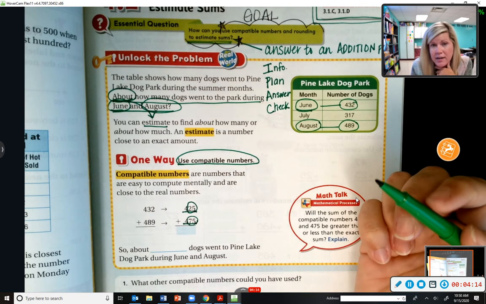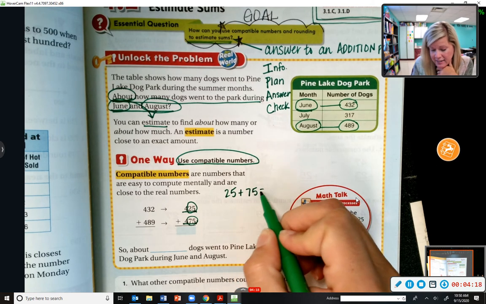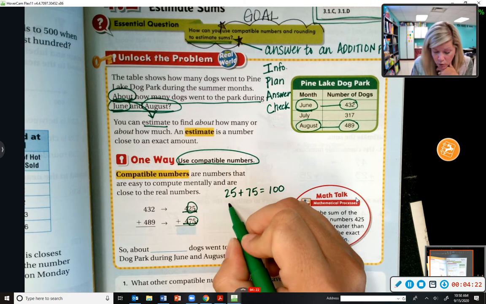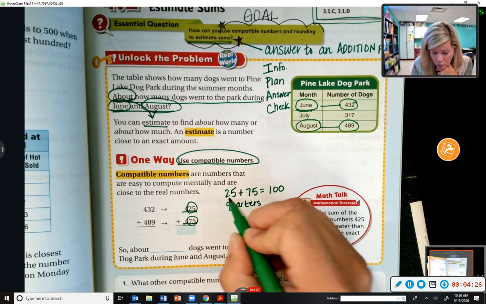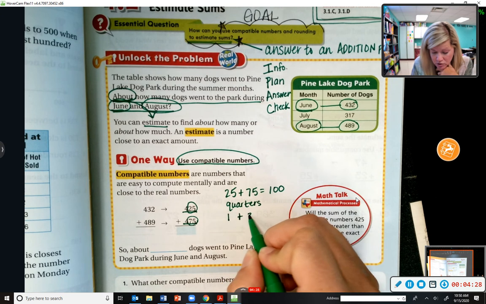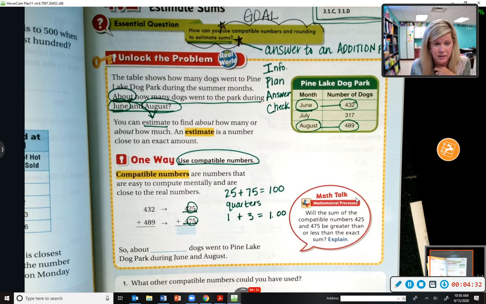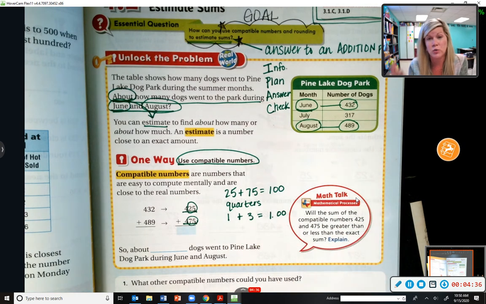These are compatible because 25 and 75 can easily be added in our heads to make 100. If you think of quarters, like money, 1 quarter plus 3 quarters equals $1. Okay? So they're compatible because it's easy to do in our head.